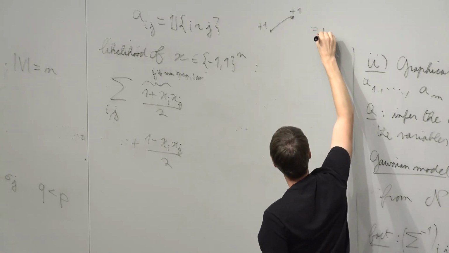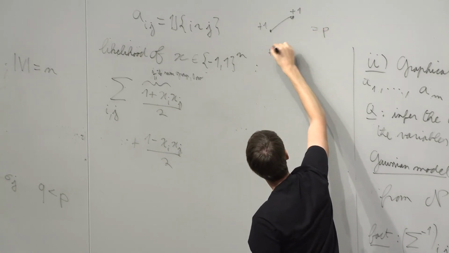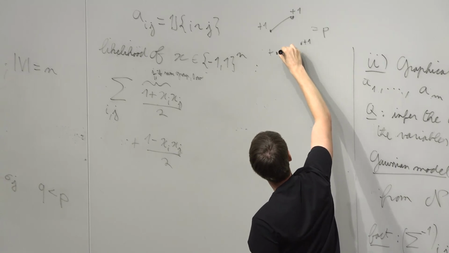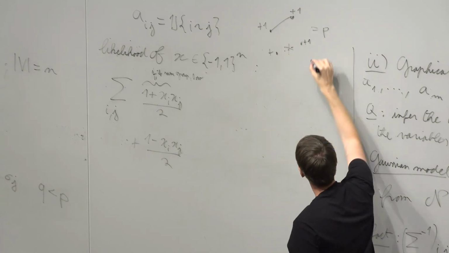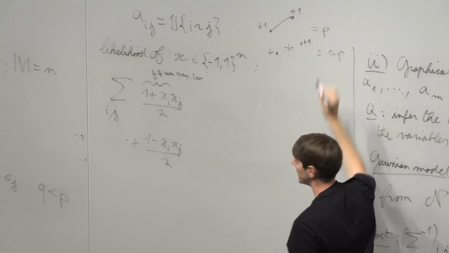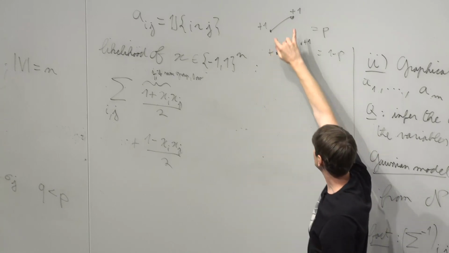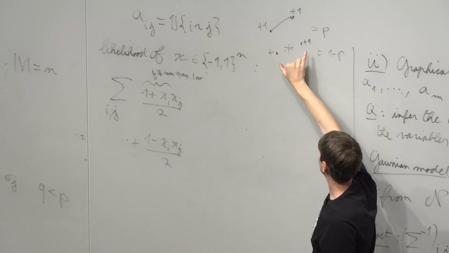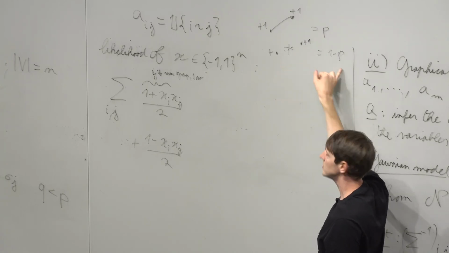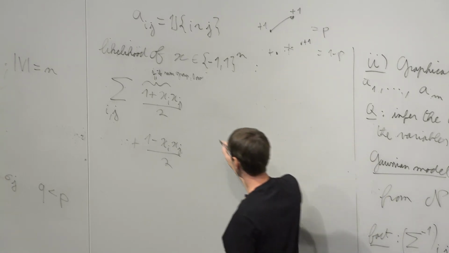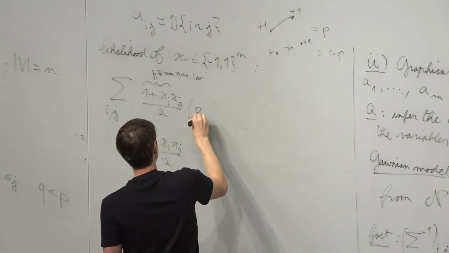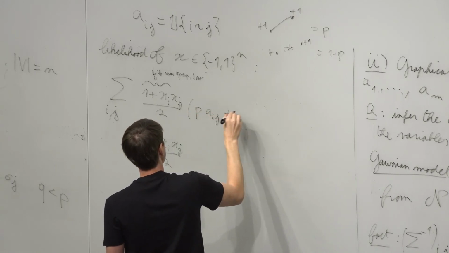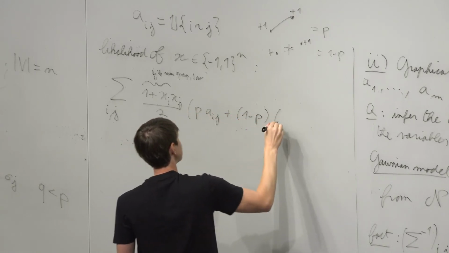This is P. If I have a +1 and no edge, then the likelihood is 1 minus P. If I have an edge and they are in the same group, it happens with probability P. If I have two guys in the same group and there is no edge, this happens with probability 1 minus P. So what I get here is P times A_ij plus (1 minus P) times (1 minus A_ij).